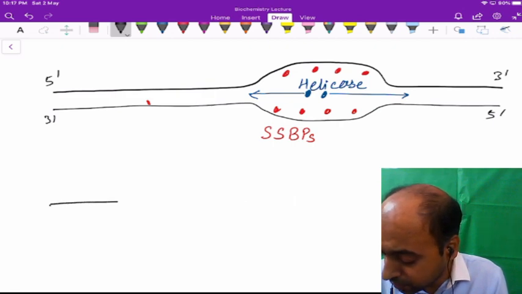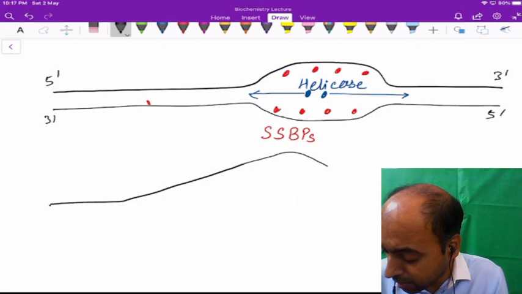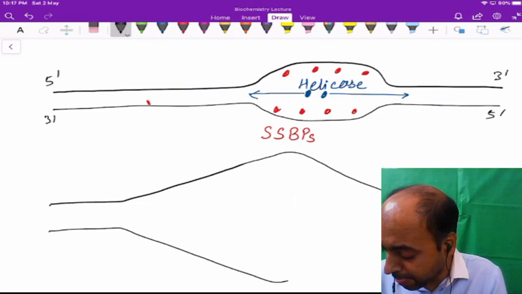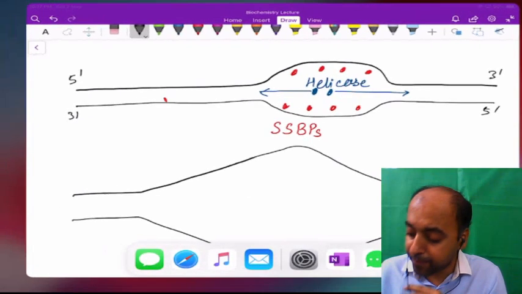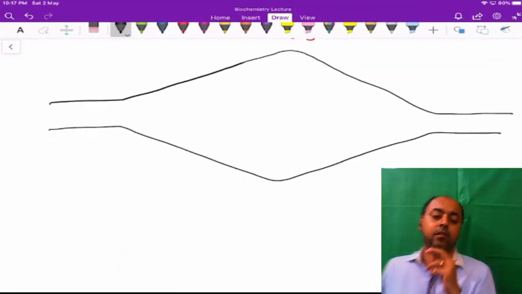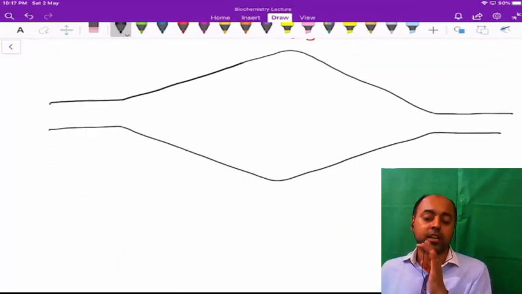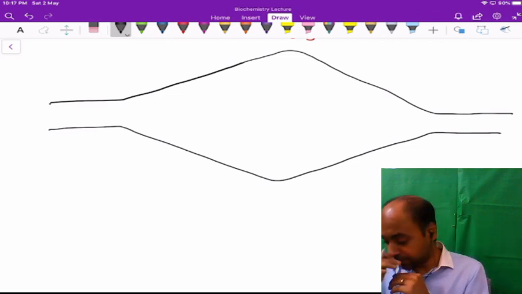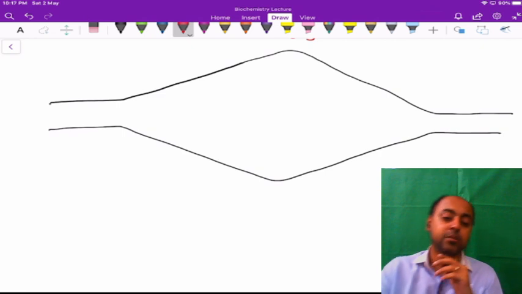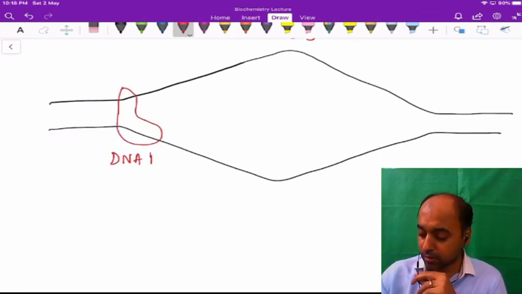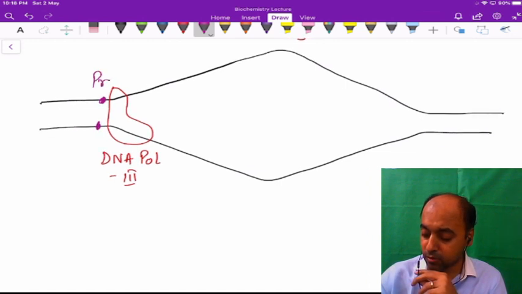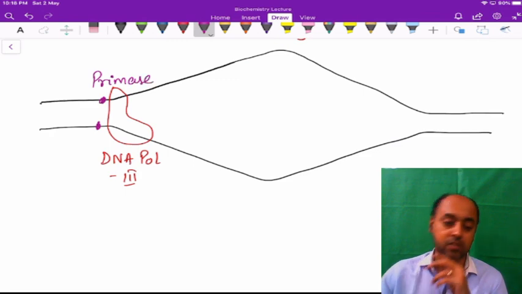So next step, what do you find? The two strands of DNA are separated to a significant degree, and after the separation there is DNA polymerase, in this case DNA polymerase 3, and the second is what is known as primase.